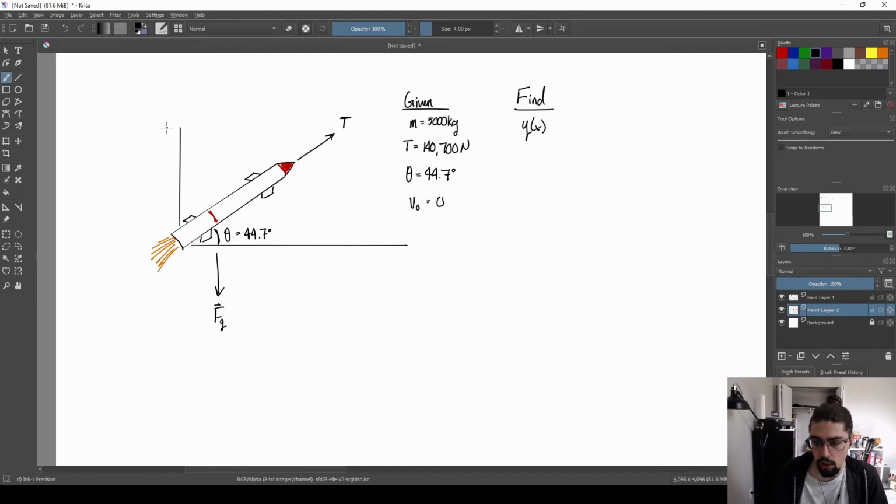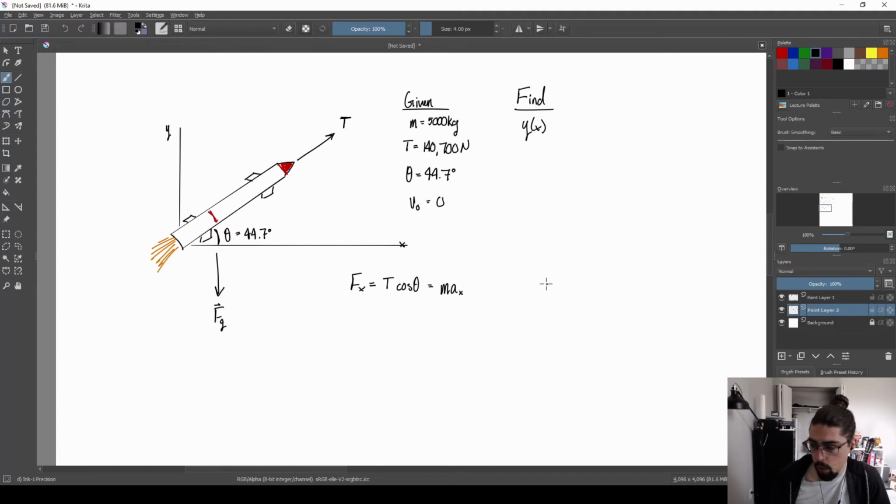In the x direction, I only have the thrust, right? The thrust is split up in x and y, but gravity is pointing in the y direction. So if I say F_x is equal to T cosine theta is equal to the mass times the x acceleration. Perfect. Okay, so we've got that in our back pocket here.